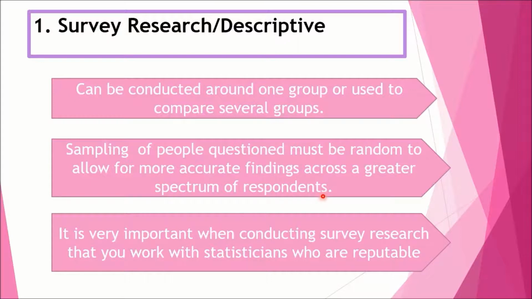Kailangan random. Pwede nyong i-random yung mga tao para dun sa population and then sa samples na mapipili nyo ay more accurate yung inyong findings. So you use random sampling pagka survey research, ano.